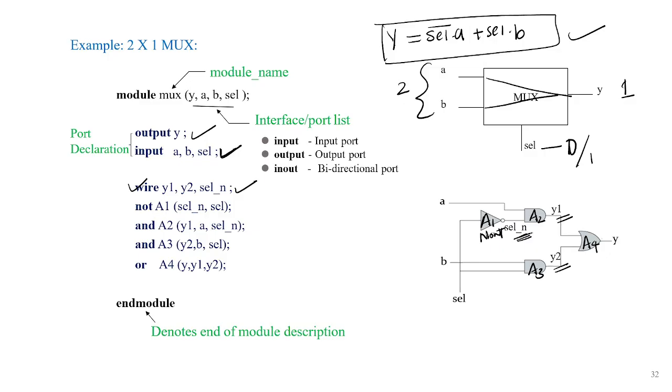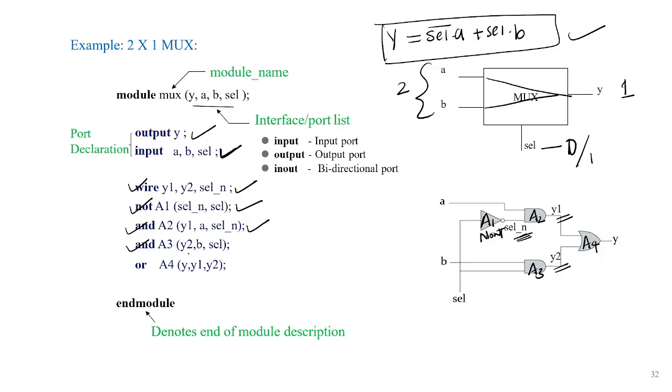The output is select_n, and the input is select. This I wrote for the not gate. Next, for the AND gate, the instance name is a2: y1, a, select_n. Next, another AND, a3: y2, b, select.